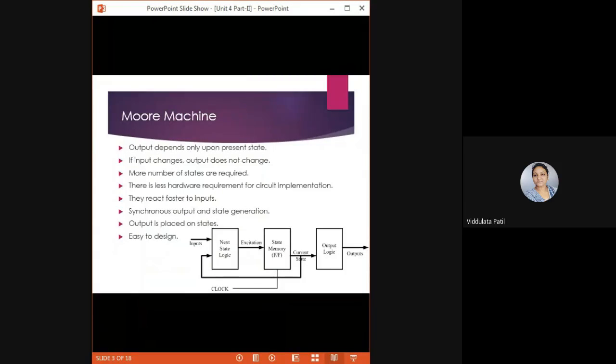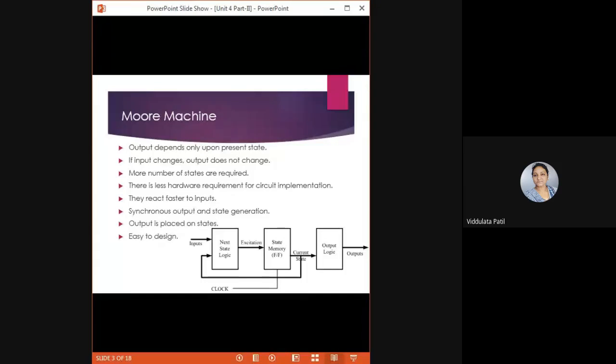So what is the difference between Moore and Mealy machine? What is a Moore machine? A Moore machine is one in which output depends only upon the present state.